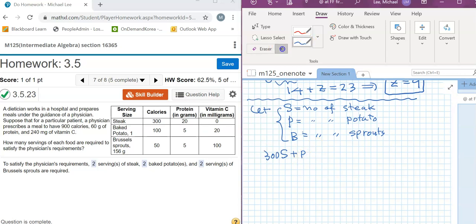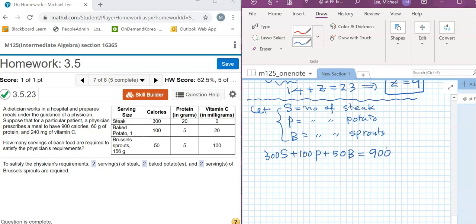And then the next one, each potato gives 100 calories, right? 100P. And then Brussels sprouts give 50. 50B has to satisfy 900 calories.